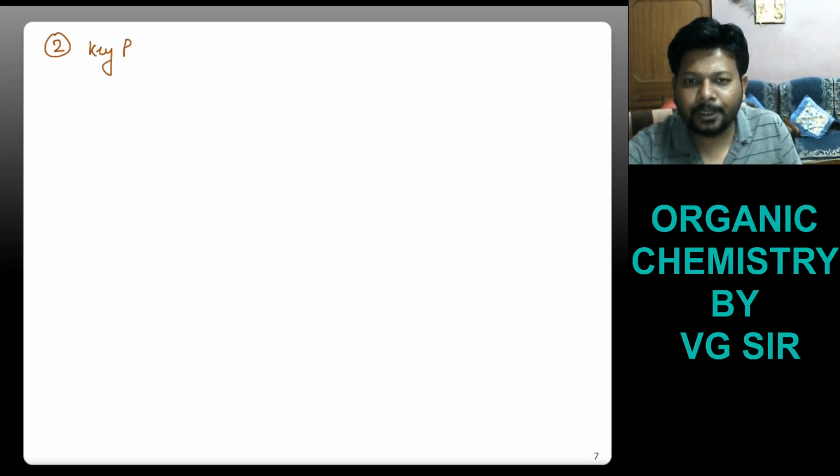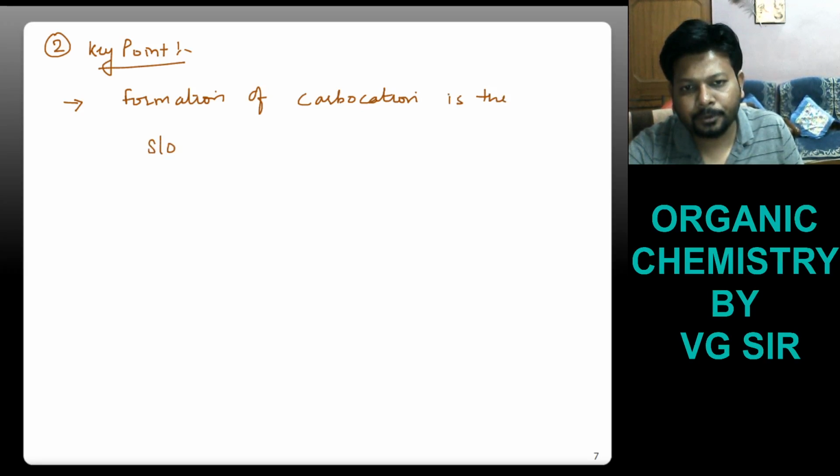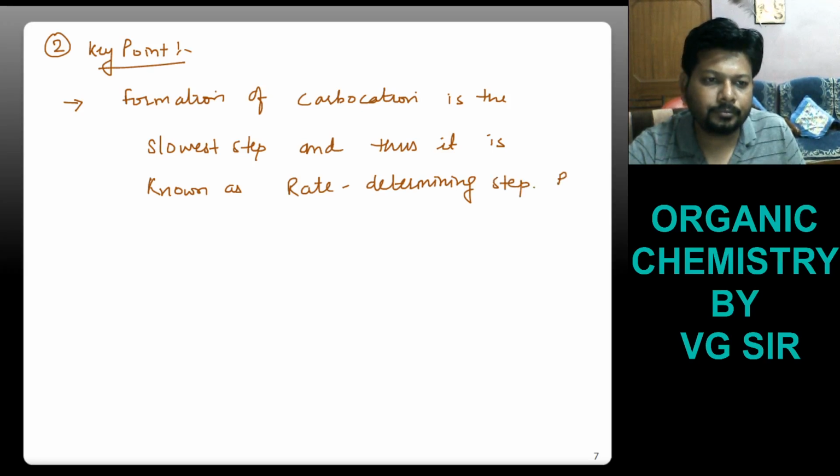If we talk about the second key point, formation of carbocation is the slowest step, and thus it is known as the rate determining step.